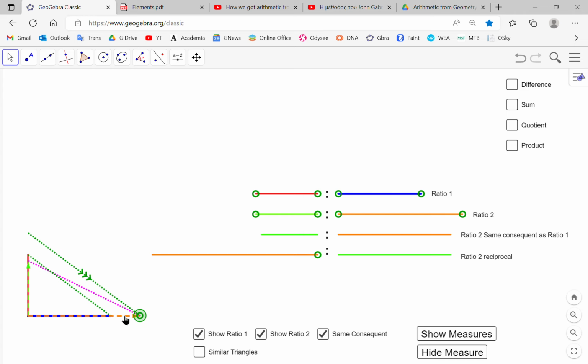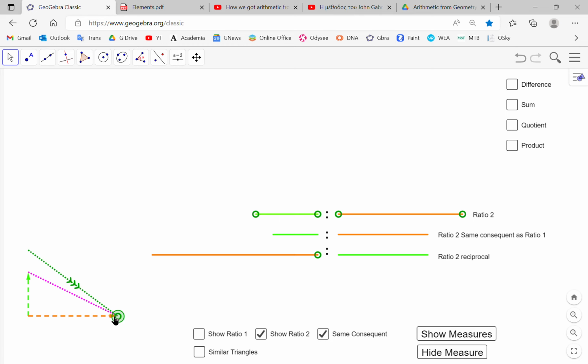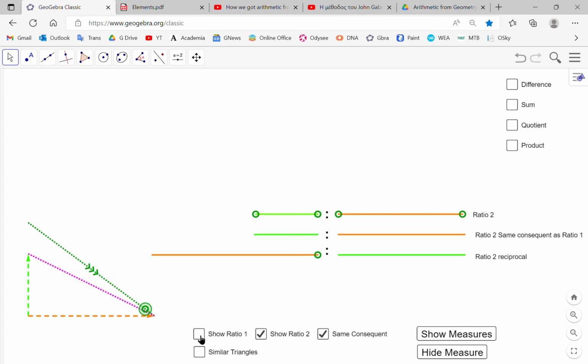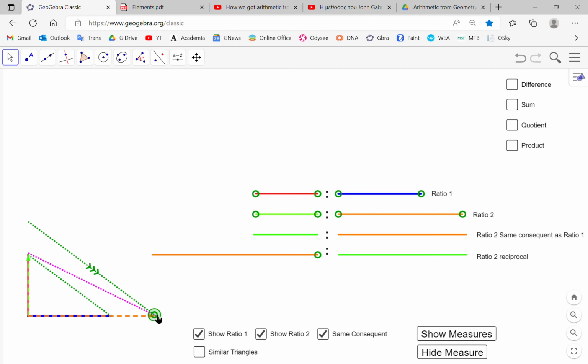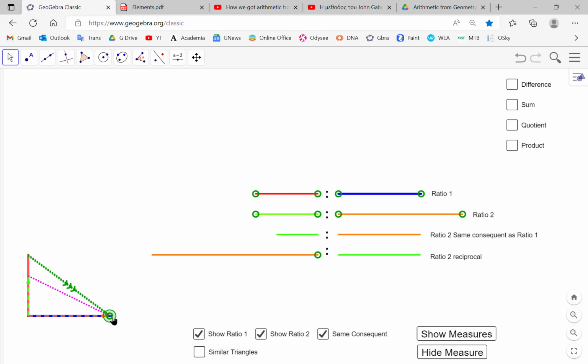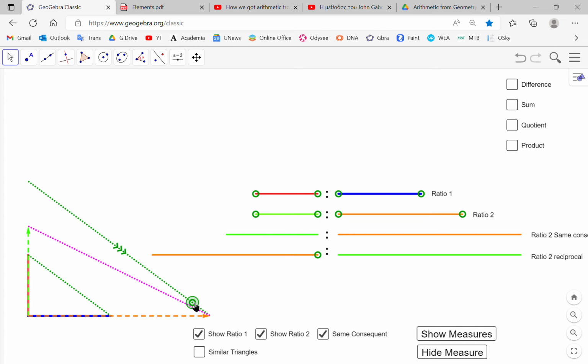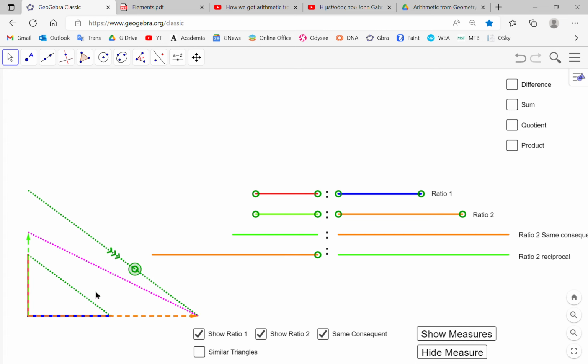To find another ratio the same as the second ratio, we move that parallel line until it coincides with the first ratio that we had. For example, like this. Does that make sense? In this way, geometrically, just using a compass, you can do all the basic operations of arithmetic.